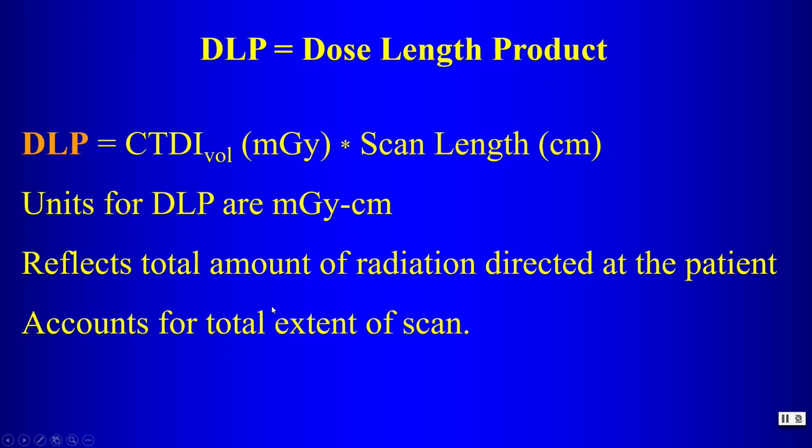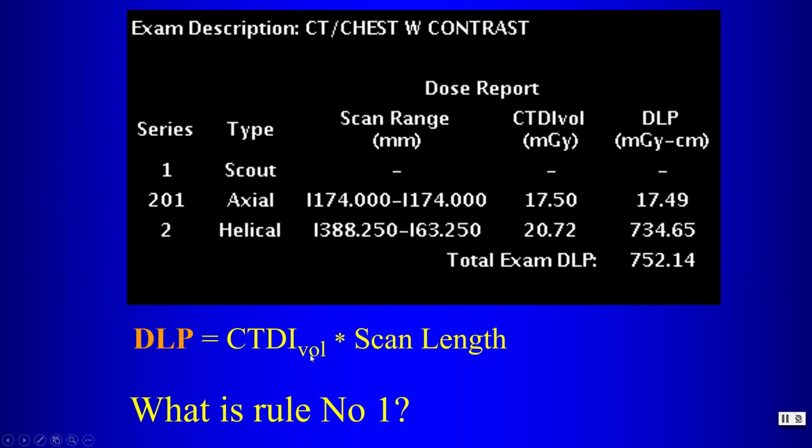Now this does reflect the total amount of radiation directed at the patient because this takes into account the dose per slice, and we're multiplying that by the entire length that was scanned for that particular protocol or for that particular patient. So this accounts for the total extent of the scan.